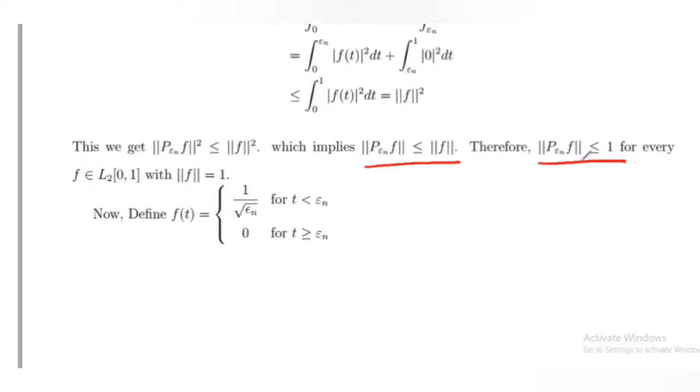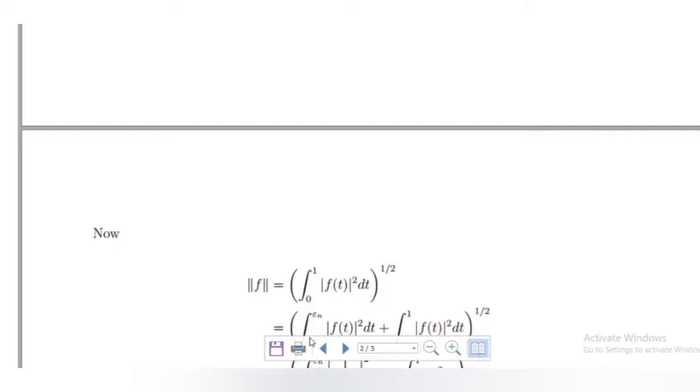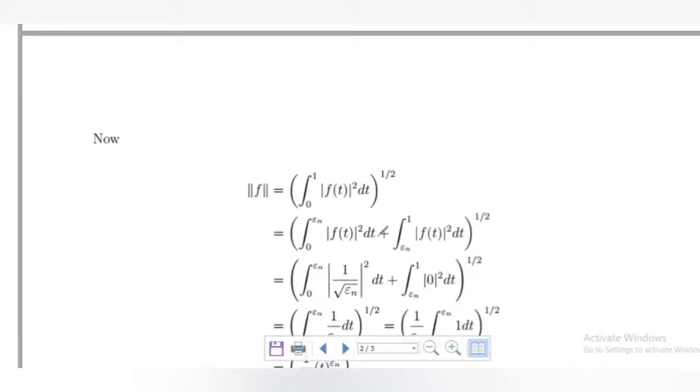So define f(t) like this: f(t) is equal to 1 by root of epsilon n for t less than epsilon n, and 0 for t greater than or equal to epsilon n. Then norm of f is equal to the integral from 0 to 1 of mod f(t) whole square, whole raised to 1 by 2. And this integral you can split from 0 to epsilon n and then epsilon n to 1.